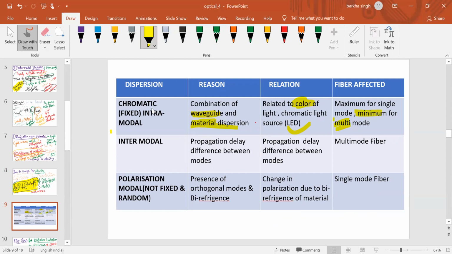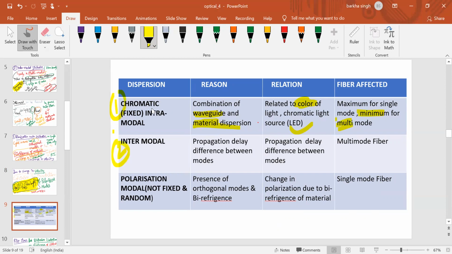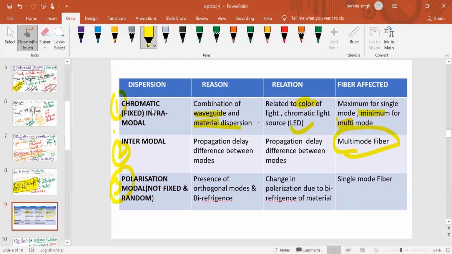Second is intermodal dispersion: the reason is propagation delay difference between modes, and the fiber affected is multimode fiber. Third is polarization mode dispersion, which is not fixed, basically random: the reason is the presence of orthogonal modes and birefringence, the relation is changing polarization due to birefringence of material, and the fiber affected is single mode fiber.